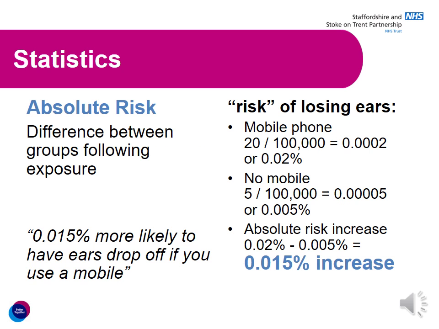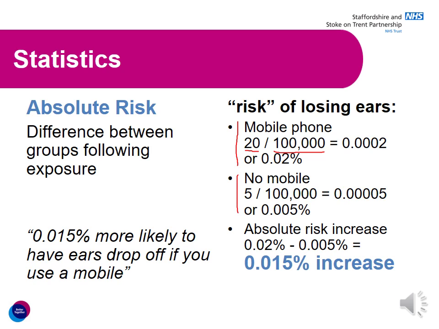Now, when we talk about the absolute risk, let's see if we can work out what the risk of losing your ears is with the data that we've had in our imaginary perfect study. So if you were using a mobile phone in that study, the risk of you losing your ears was 20 events where people lost their ears out of 100,000 in the whole group, or 0.0002 or 0.02% of people lost their ears who were in the mobile phone group.